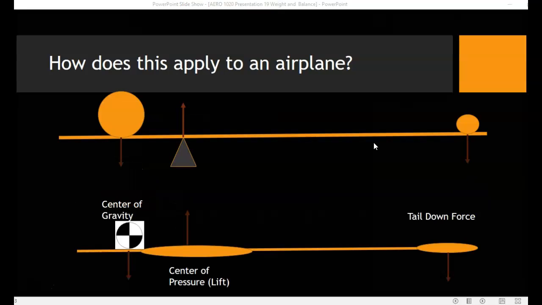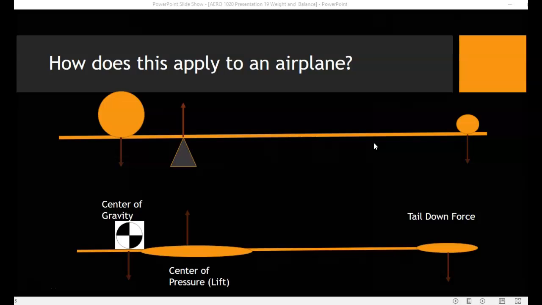So how does this apply to an airplane? How do we compare the fulcrum on a seesaw to the weight and balance problem on an aircraft? Where is the fulcrum on an aircraft? Well, the answer is at the center of pressure, or the center of lift. That's where the fulcrum is.